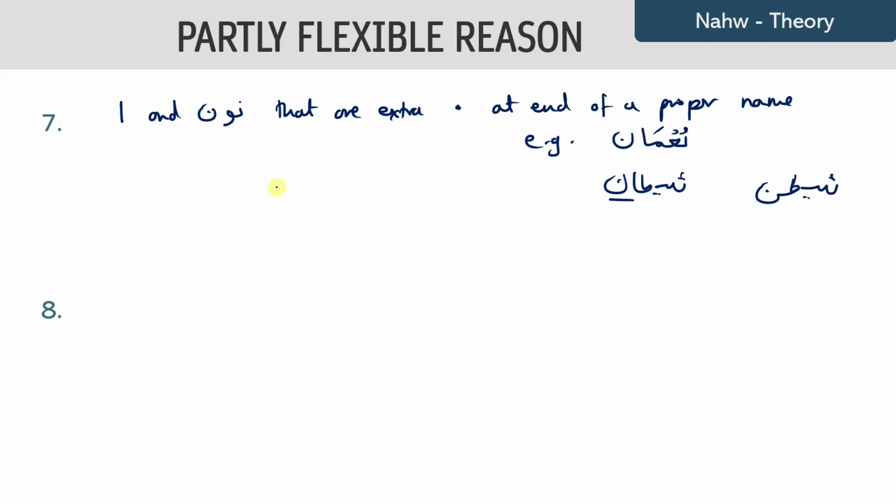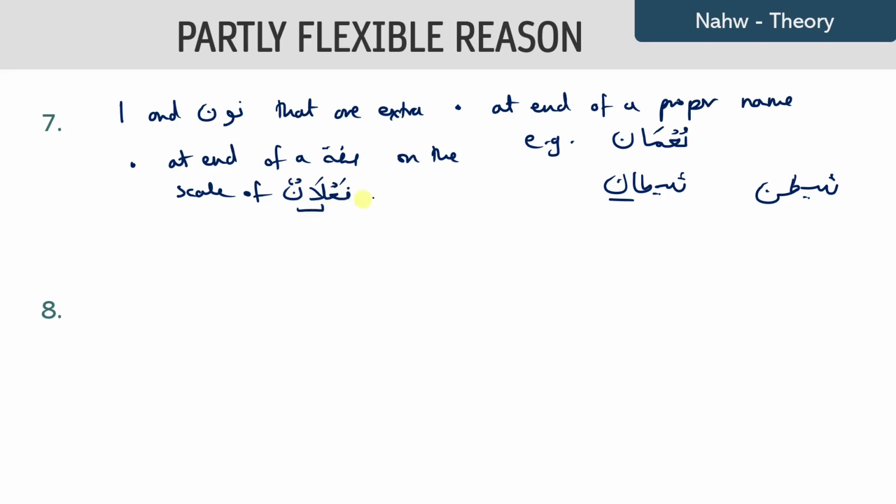And then you can also have alif and noon at the end of a sifa whose feminine is not on the scale of fa'lanatun. So you find alif and noon at the end of a sifa on the scale of fa'lanun.